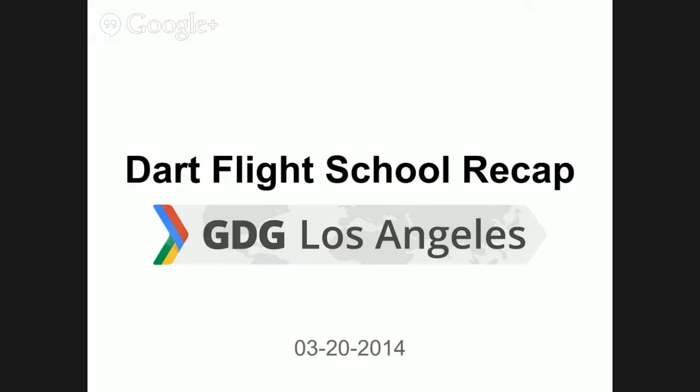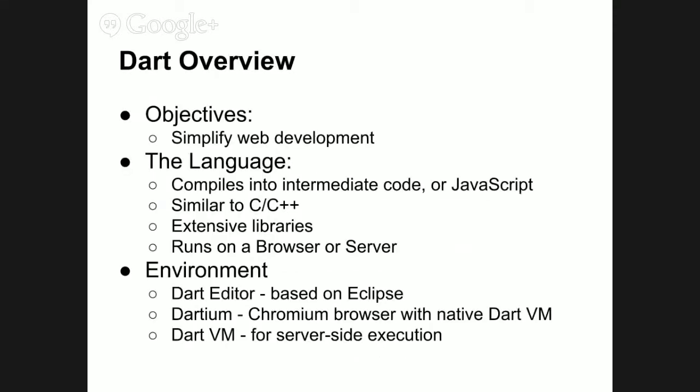Our last meetup was on Dart. Some of you may have been there. Dart is a language that Google has put together to allow you to write JavaScript more efficiently, and the JavaScript you write runs more efficiently as well.